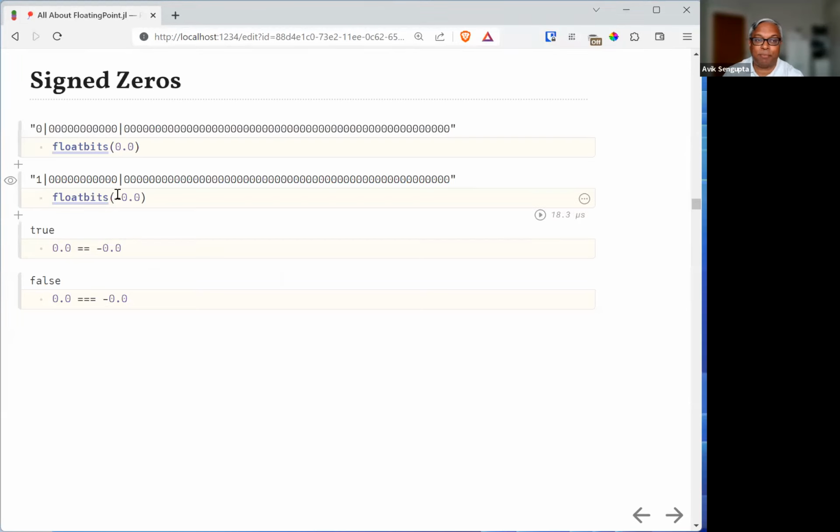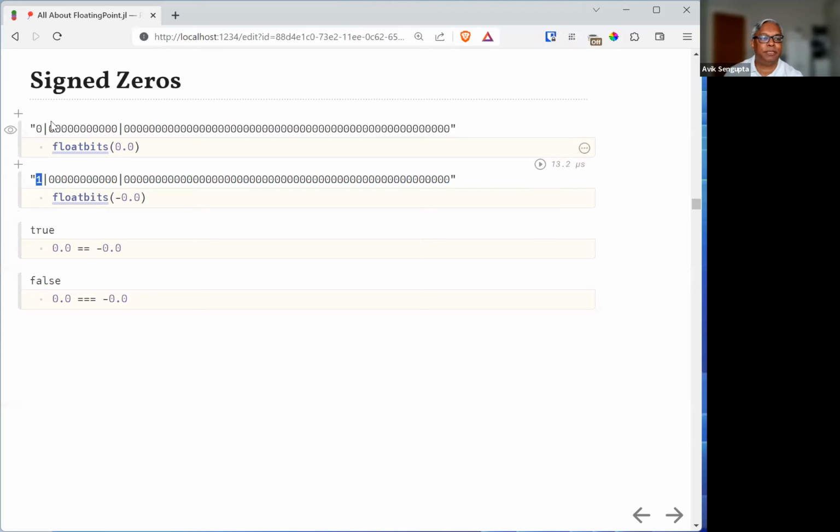But you can also have a minus zero. Now, zero and minus zero in mathematics are essentially the same, but in IEEE floating points, minus zero is represented differently from plus zero. And the difference in representation, as you would expect, is the sign bit.